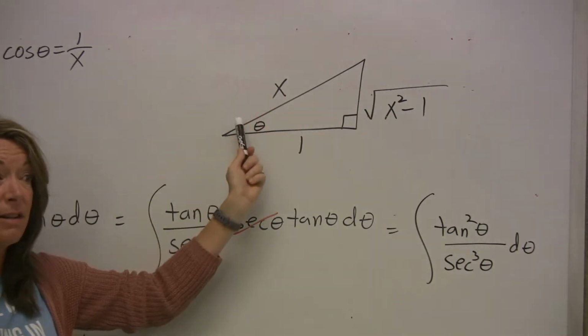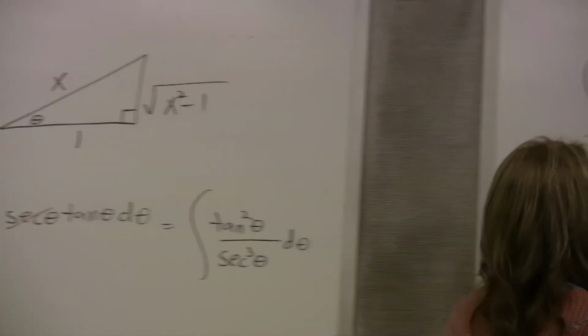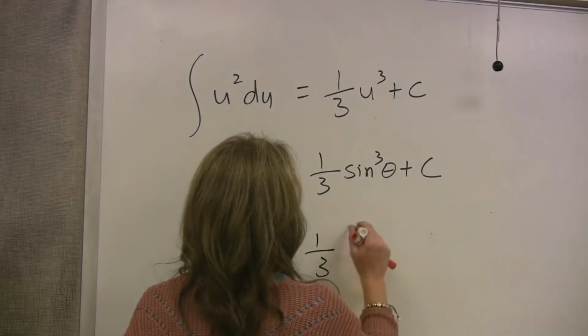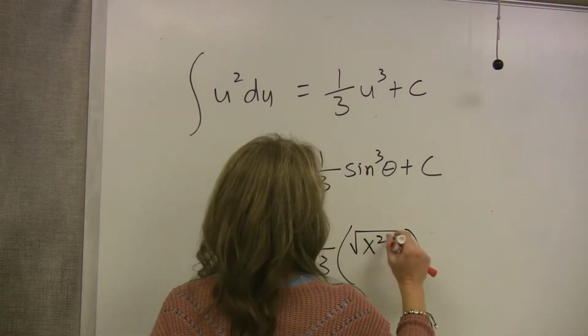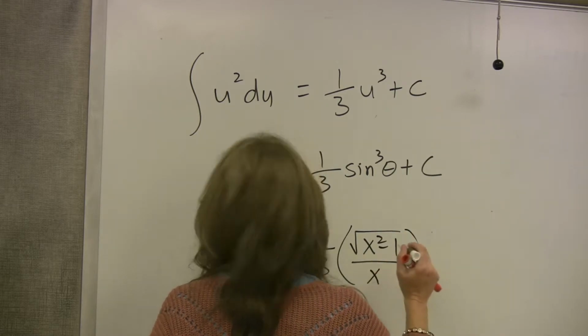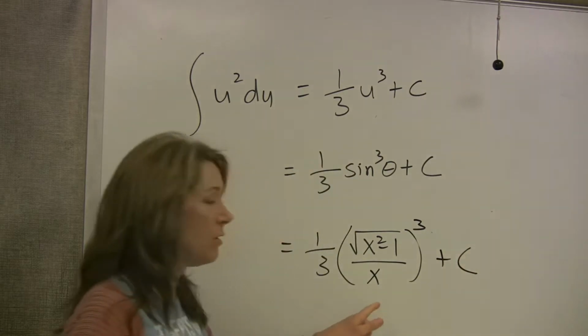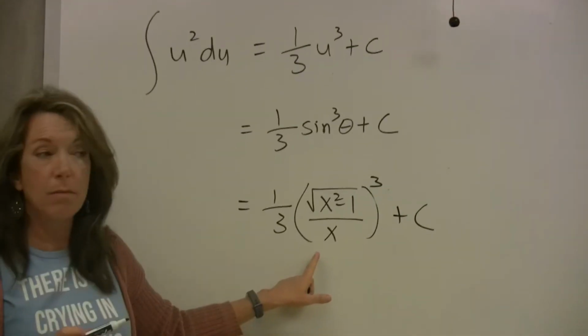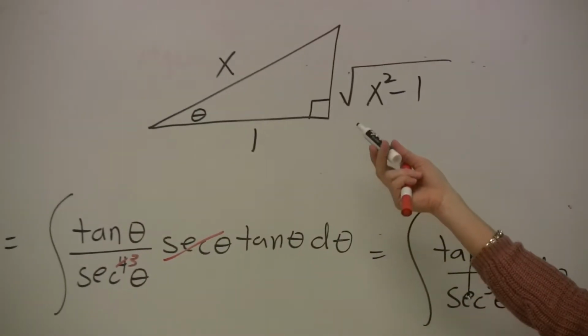That is the sine of this angle. That's why we drew the picture. So we're going to write it as 1/3 times that square root over the hypotenuse cubed plus c. I want to make sure everyone sees where this part came from. This was the opposite over the hypotenuse from our picture here.